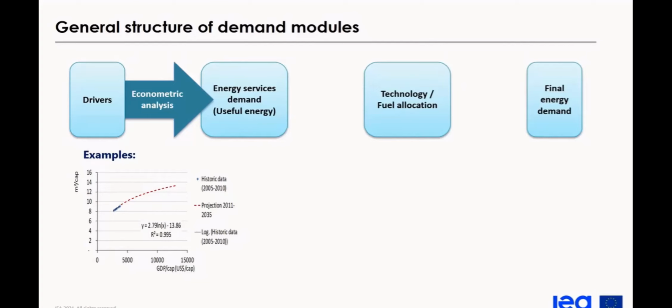And then, based on what we observed in the past, what we observe in similar countries, we can estimate how the demand for lighting will evolve for all those houses, for all those square meters per capita.